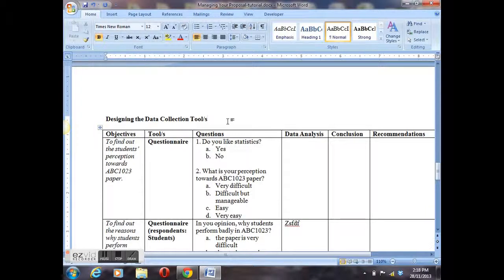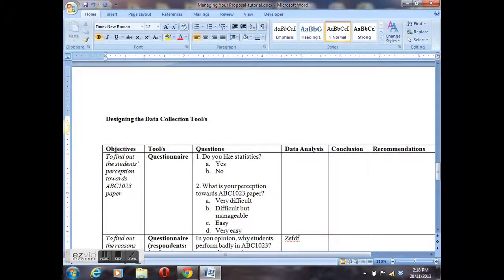Let's say the number of respondents who answered your questionnaire is, to make it easy, 100. But whatever you want to report, the report must be based on the actual number you receive.